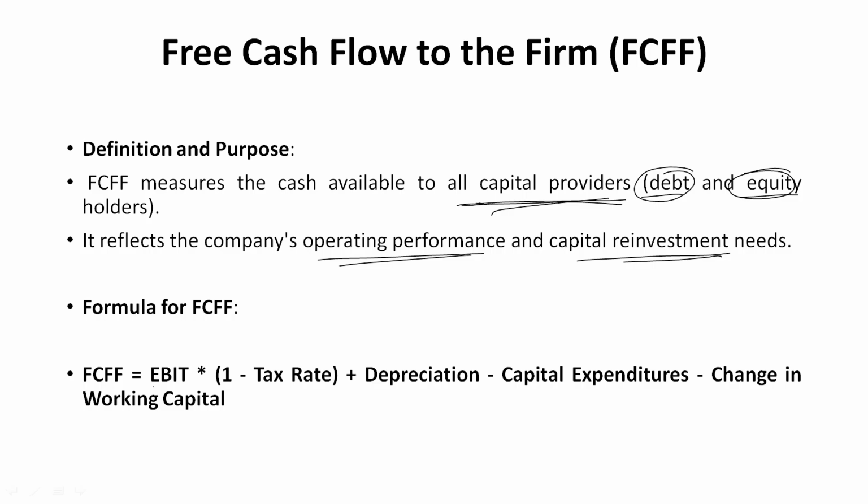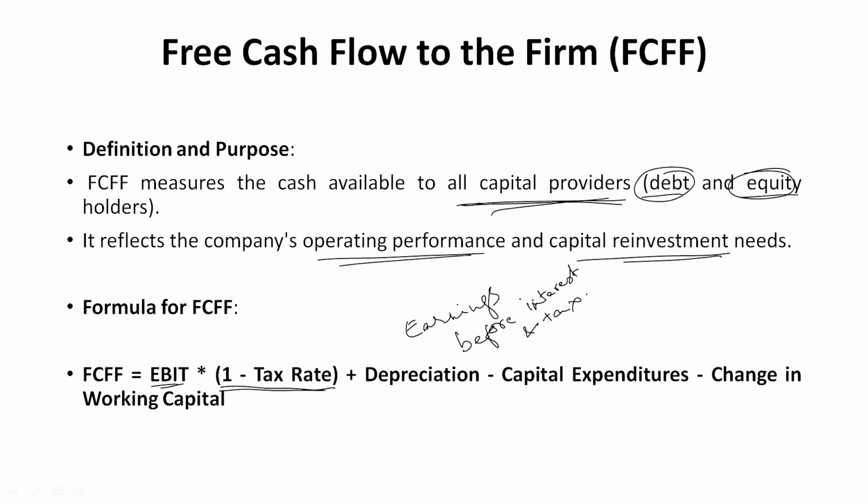So how do I calculate the free cash flow to the firm? It is nothing but EBIT, earnings before interest and tax, into 1 minus tax rate. What do you mean by this 1 minus tax rate?